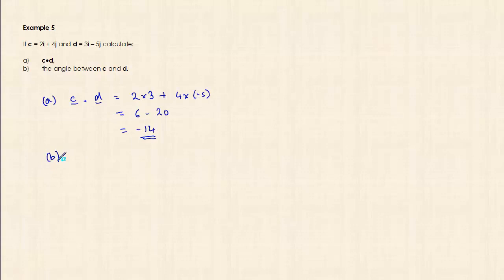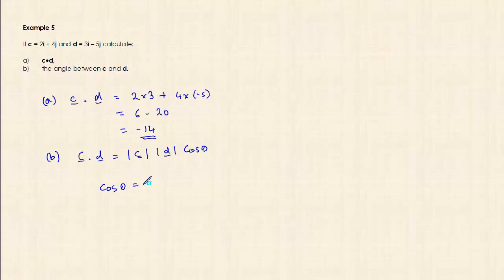Now in part B, we want to calculate the angle between C and D. C dot D would be the modulus of C multiplied by the modulus of D times the cosine of the angle between.